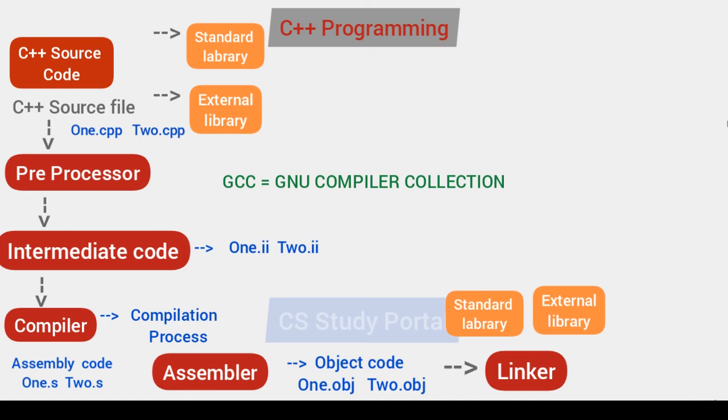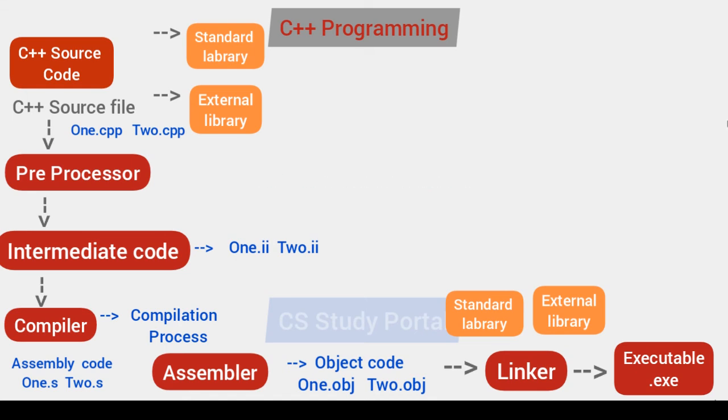It links the features of all these libraries which we have used in our program. It links them all together and generates the executable file. Now when we talk about external libraries, there are two types of external libraries: static libraries and dynamic libraries, and we will learn about them later.